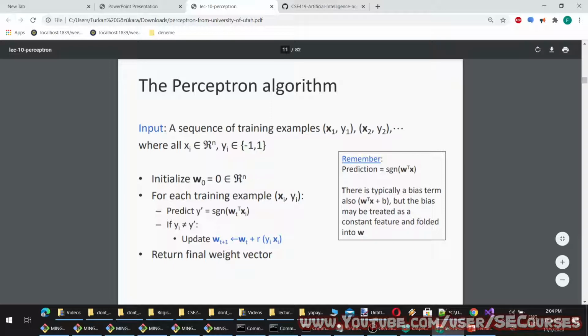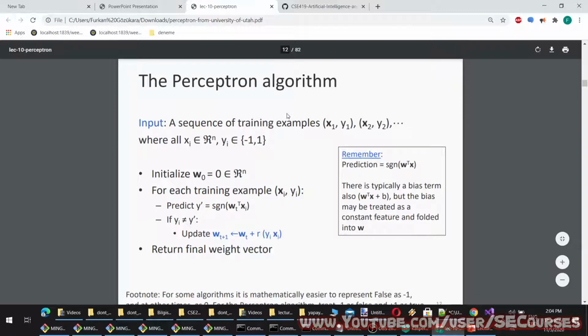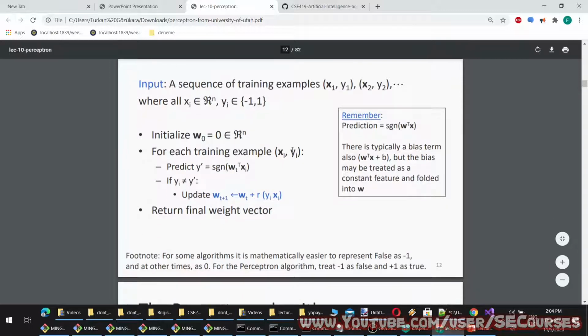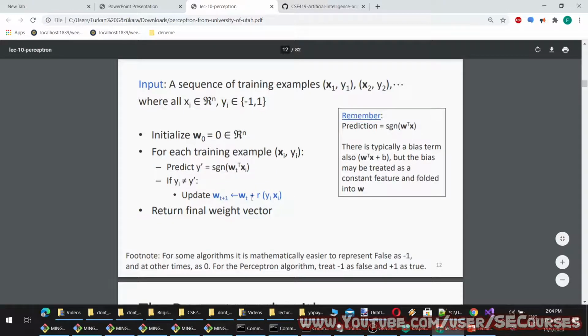Then we start to calculate the output of each training example, and then update the weights based on the prediction.